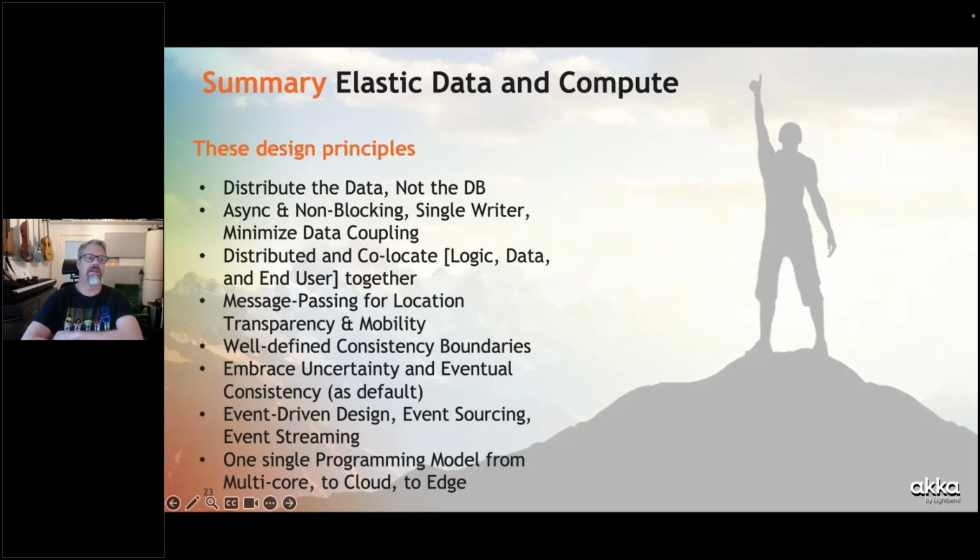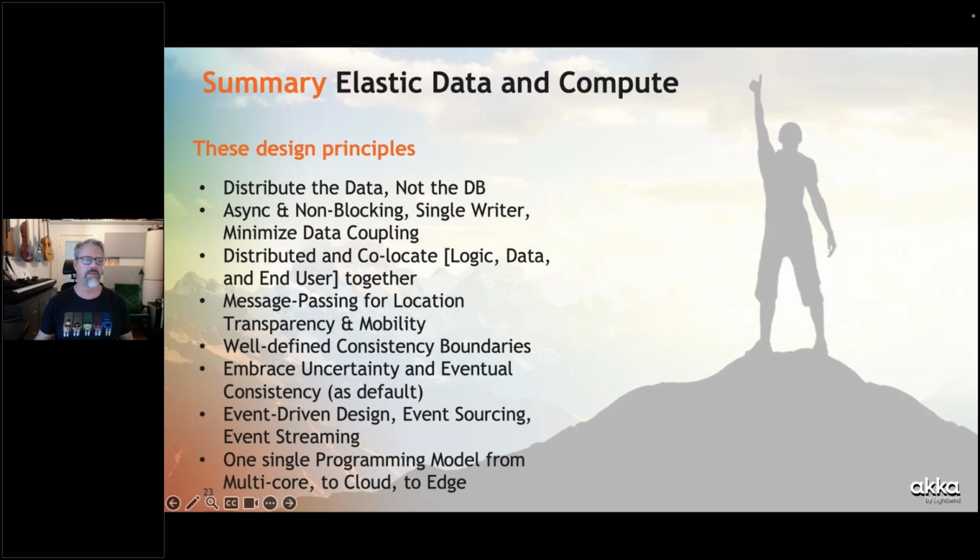In essence, I just want to end by summarizing that, in my experience, these principles, by no means an exhaustive list, give you a solid foundation for how you can build elastic systems.